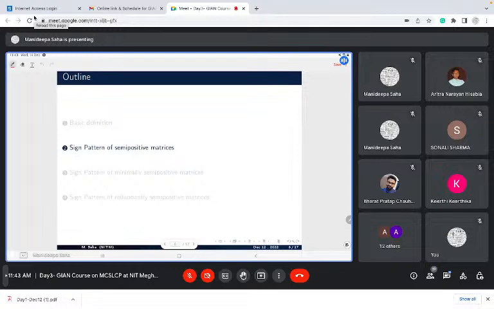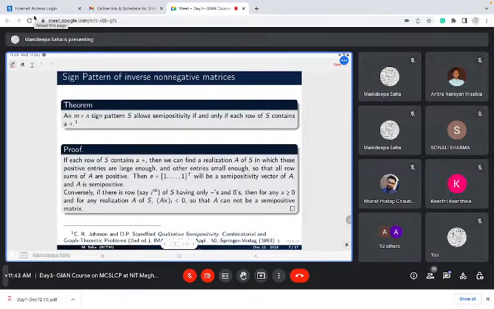So now let us see the sign patterns of the semi-positive matrices and what that is. So the first thing is the property. I'm calling semi-positivity the property. Fine. So here it says that a sign pattern S allows semi-positivity if and only if each row of S contains a positive. Fine.